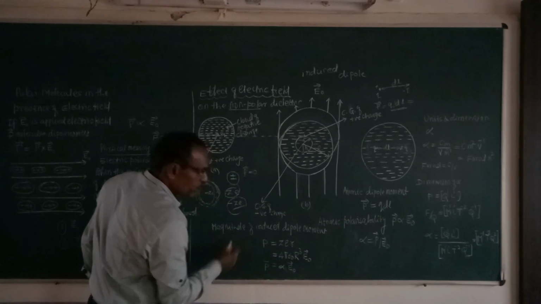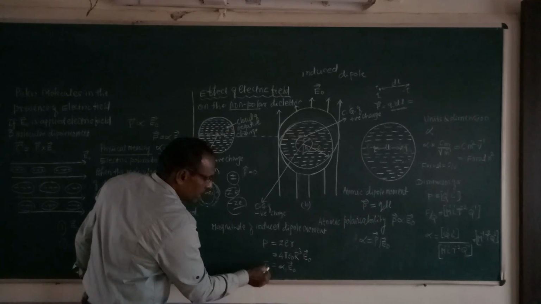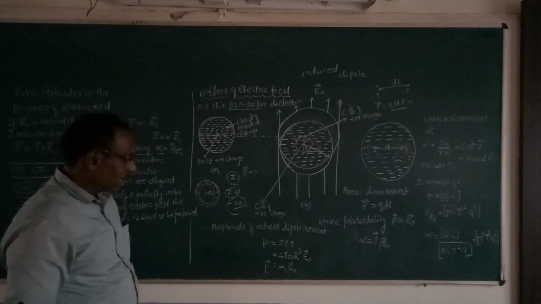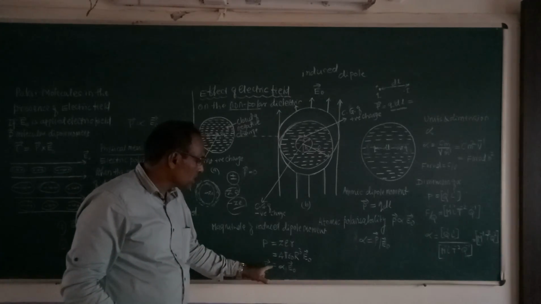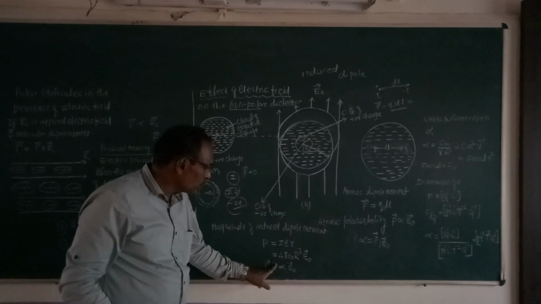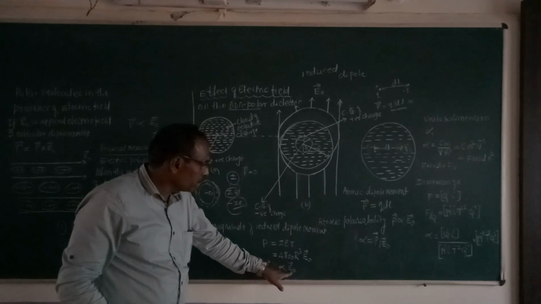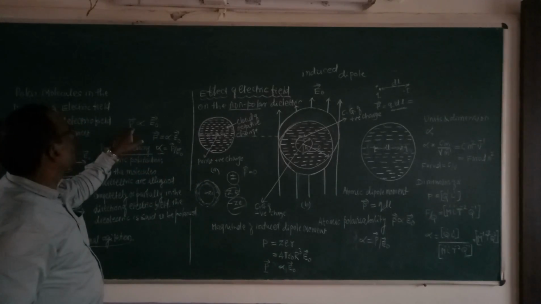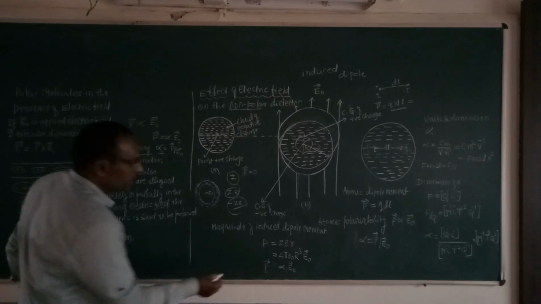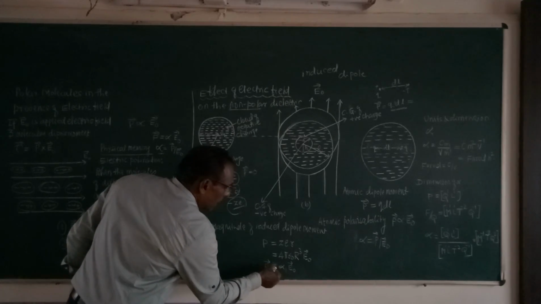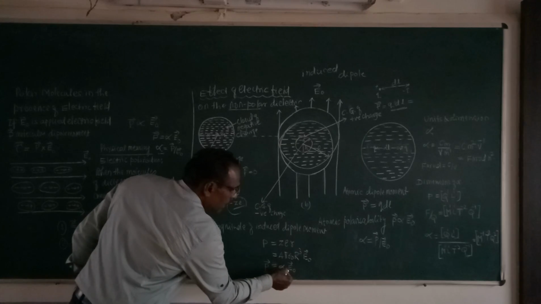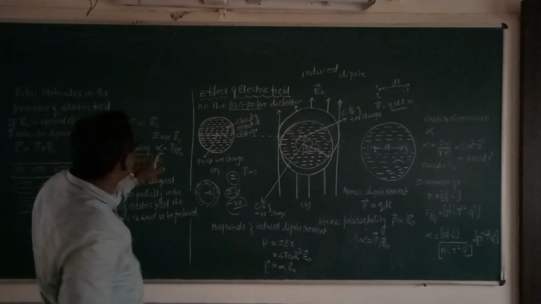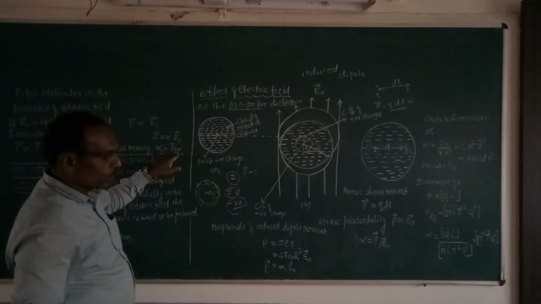From this you can say the induced electric dipole moment P is proportional to E naught, or it is equal to alpha times E naught, or alpha is equal to P upon E naught.